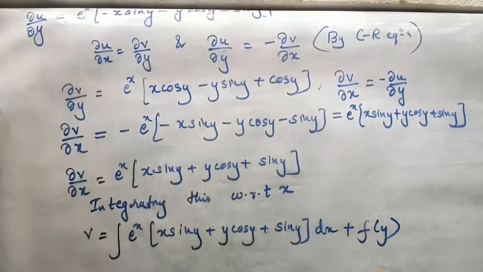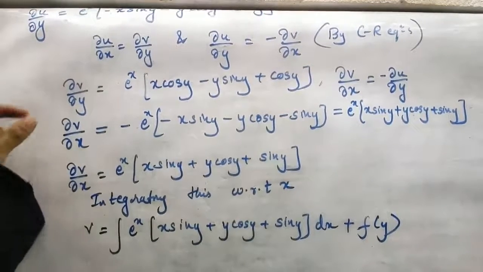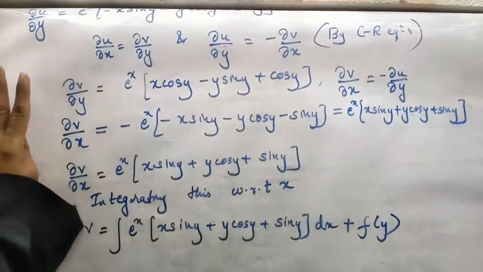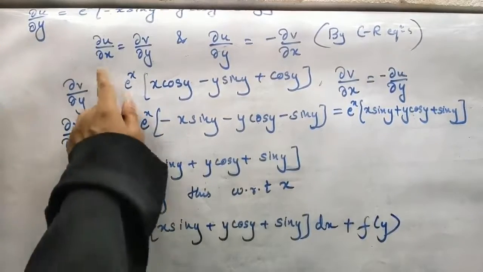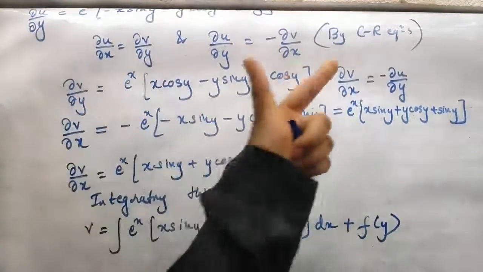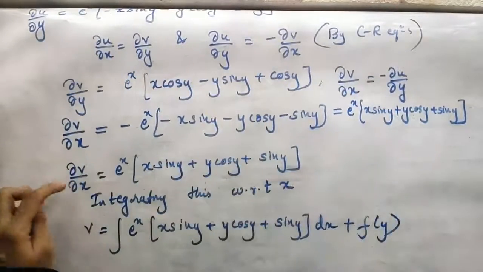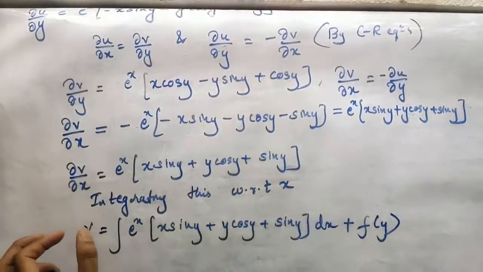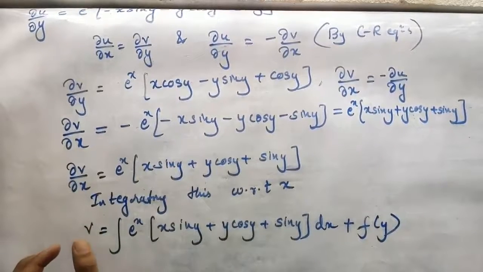I hope the point is clear to you. First, you know already what ∂u/∂y and ∂u/∂x are. By the CR equations, I get ∂v/∂y and ∂v/∂x. I am just considering ∂v/∂x first, the derivative of v with respect to x partially, treating y constant.